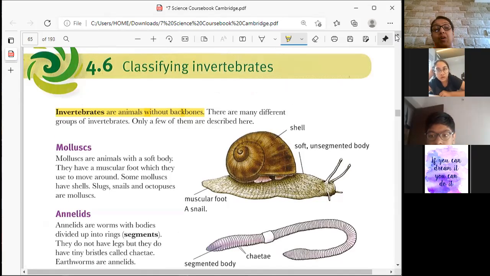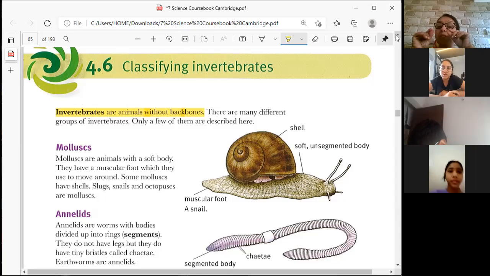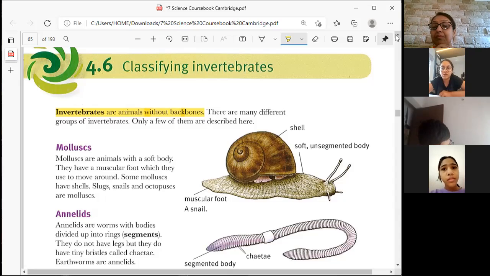molluscs. Molluscs are animals that have a soft body. They have a muscular foot. It means that the limbs are not well made. It's just a muscular foot, a piece of flesh which they use as a leg.